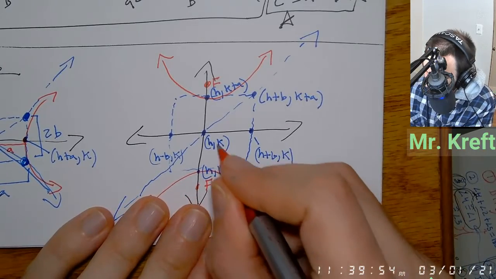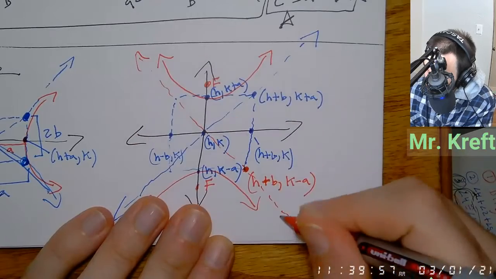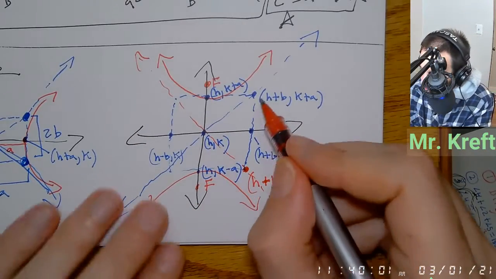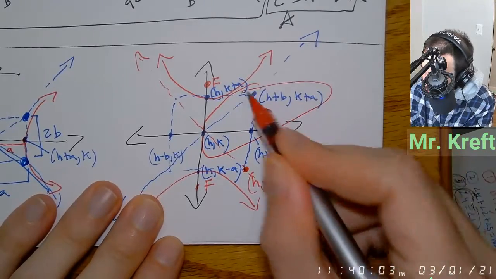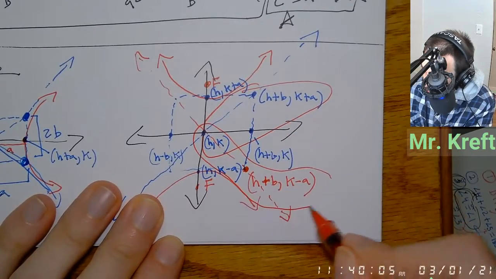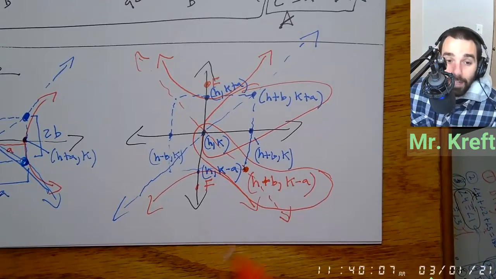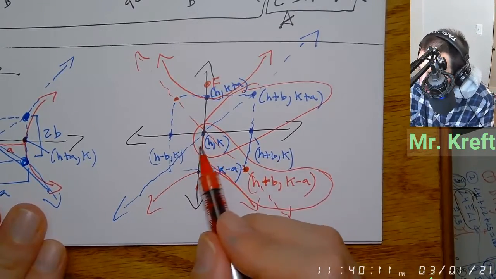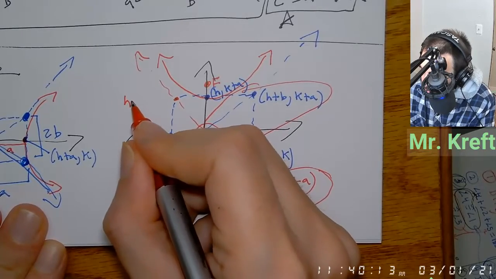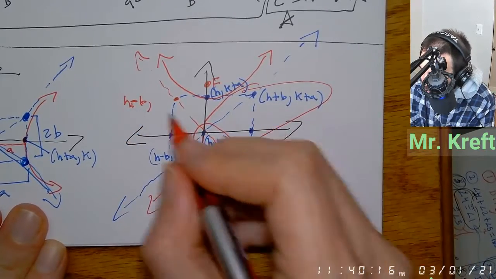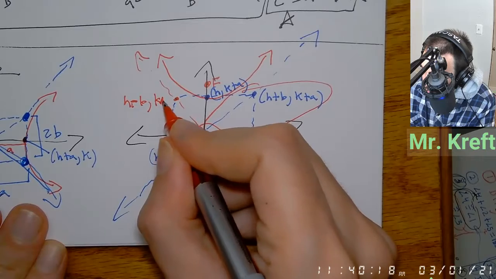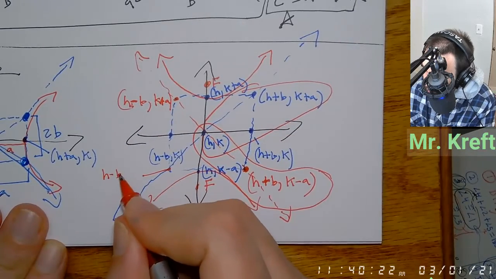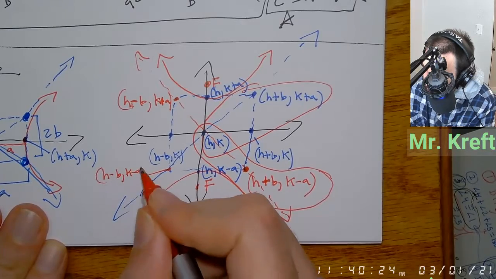So if I wanted to find this one, I could use these 2 points, and I can use these 2 points. Now, that's not to say you can't use this point up here. So this point up here would be (h minus b, k plus a). And this point down here would be (h minus b, k minus a).